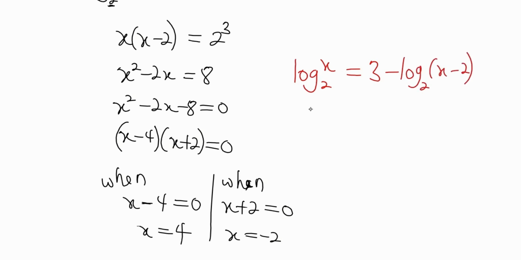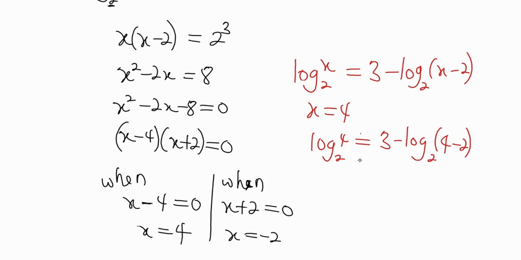If x is equal to 4, then the logarithm of 4 base 2 is equal to 3 minus the logarithm of 4 minus 2 base 2. Yes, it exists because our x value here is positive.